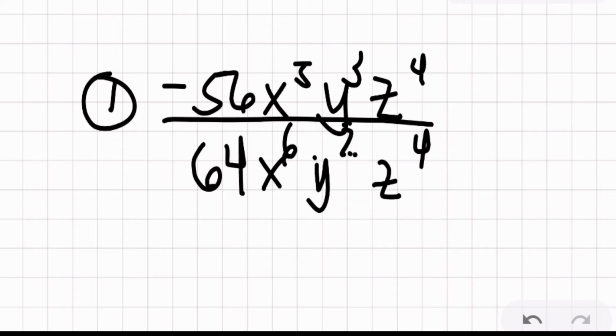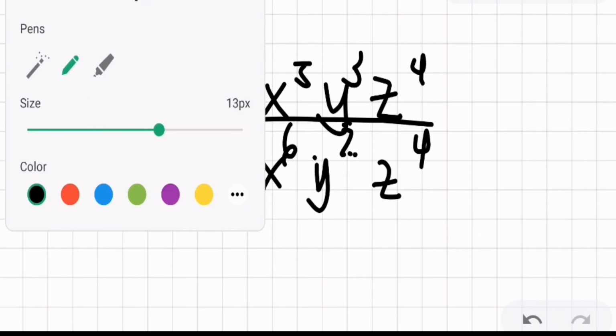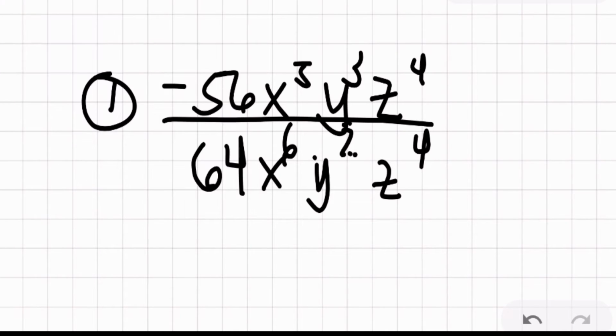If we want to simplify this, we need to cancel out common factors. Let's start with the constants first. For negative 56 and 64, the common factor is 8, because 56 can be written as 7 times 8, and 64 can be written as 8 times 8. So we can cancel out one copy of 8, and we will be left with 7 and 8.